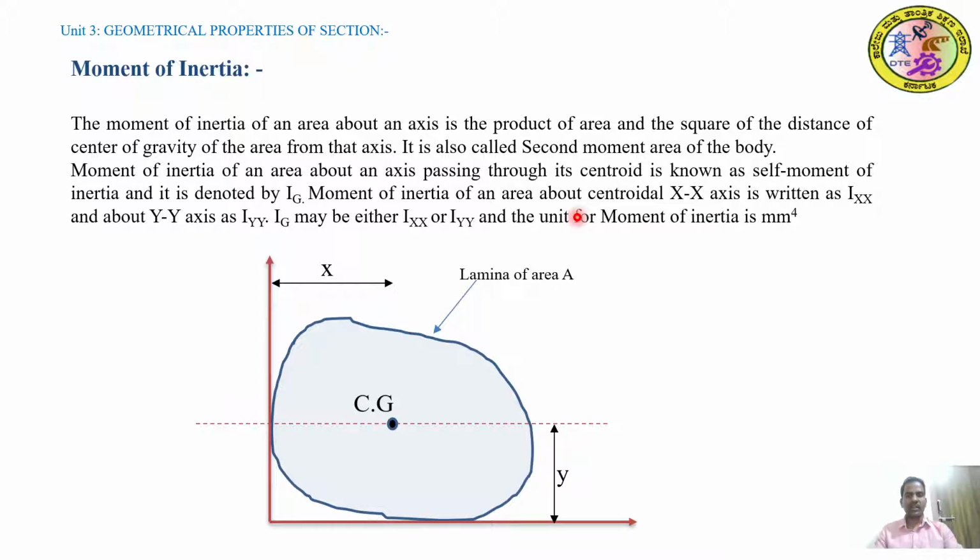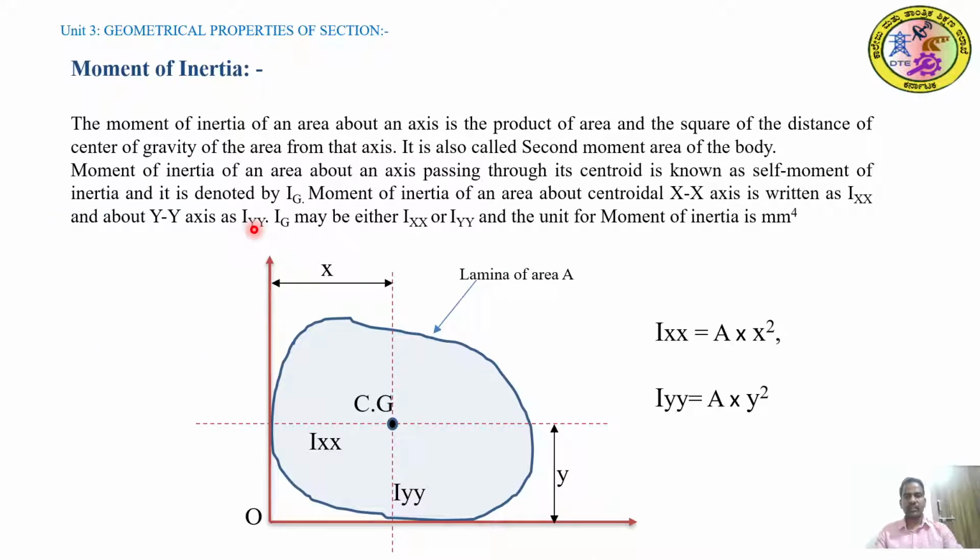If you consider the moment of inertia along the x-x axis, it is written as Ixx, and along the y-y axis it is written as Iyy. To find the moment of inertia along the x-x axis, it is area multiplied by y square, and for the y-y axis, area multiplied by x square. If you integrate this, you will get the moment of inertia for the individual lamina.